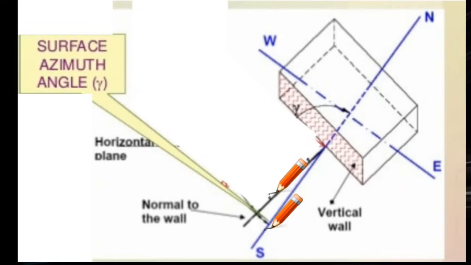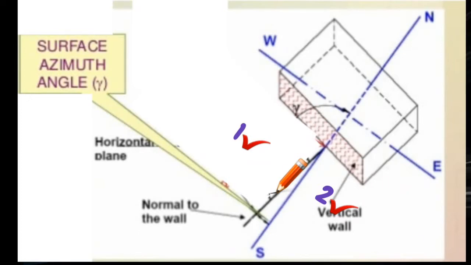Now in this diagram, besides the south direction, there are also the east direction as well as the west direction. So there are two sides, and now we have to find out where the normal line or perpendicular line from this inclined surface is located. In this diagram, the normal or perpendicular line is to the west of south, so we have to consider this angle as negative.